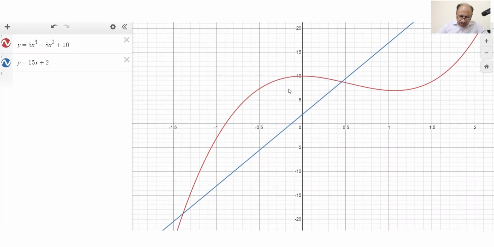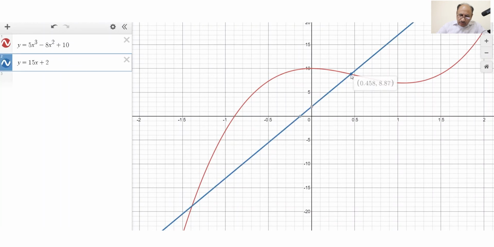Similarly we can check the other point of intersection, which is this one, and these are exactly the same points which we have mentioned on our graph, and these are basically the x and y intercepts of the straight line.